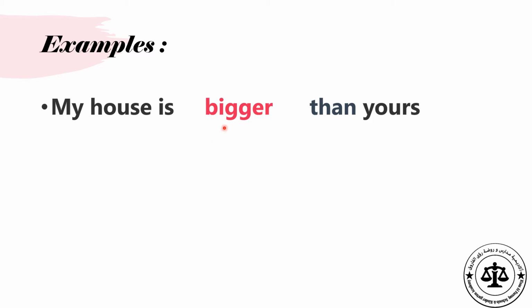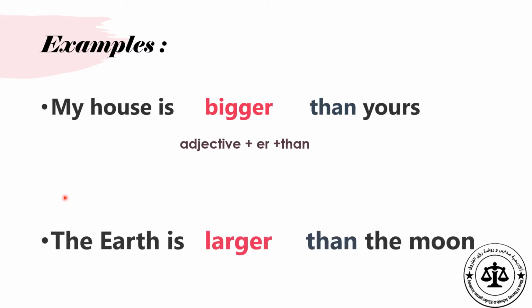And here we double the letter g because we have the vowel sound i. So this is the first form of comparative adjective: short adjective, then er and than. Look at example number 2. The earth is larger than the moon. Also here we have two items, the earth and the moon, being compared.